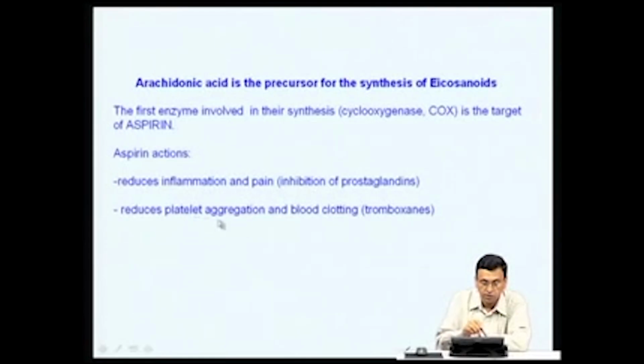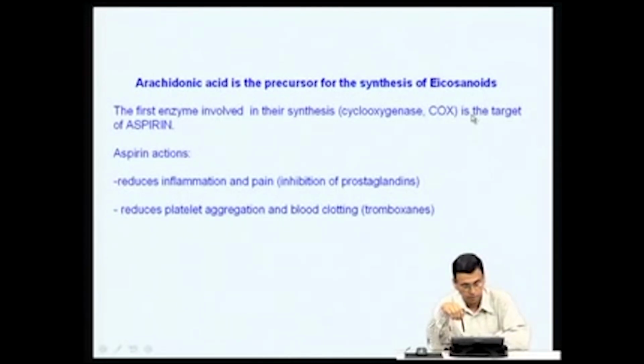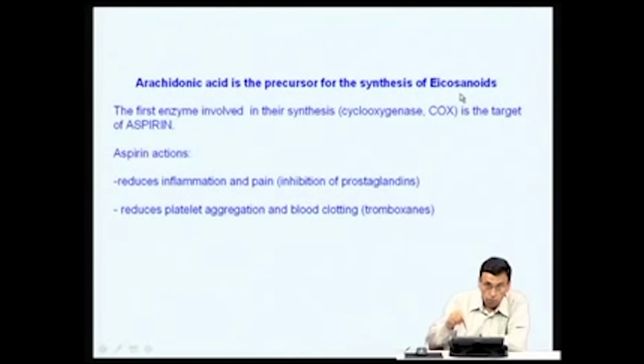It does both by inhibiting the enzyme cyclooxygenase, which is the first enzyme that converts arachidonic acid into the eicosanoids. So, diacylglycerol is not only involved in the activation of protein kinase C, but it is also the precursor for the synthesis of eicosanoids, which play a very important role in inflammation, pain, as well as platelet aggregation and blood clotting.